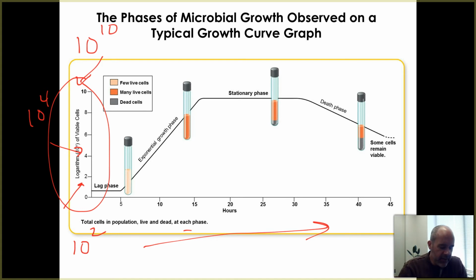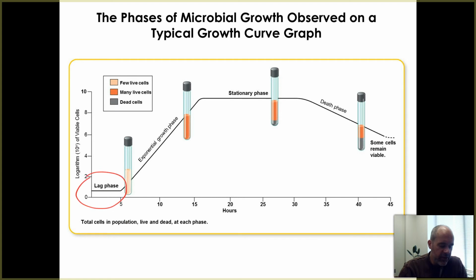All right, on this graph at time 0, this is where you first start a culture of bacteria in the laboratory. You start incubating it. Notice that for some period of time, the population doesn't really change that much. That's called the lag phase of a bacterial culture. That's probably because the microbes are having to adapt to the new culture medium.